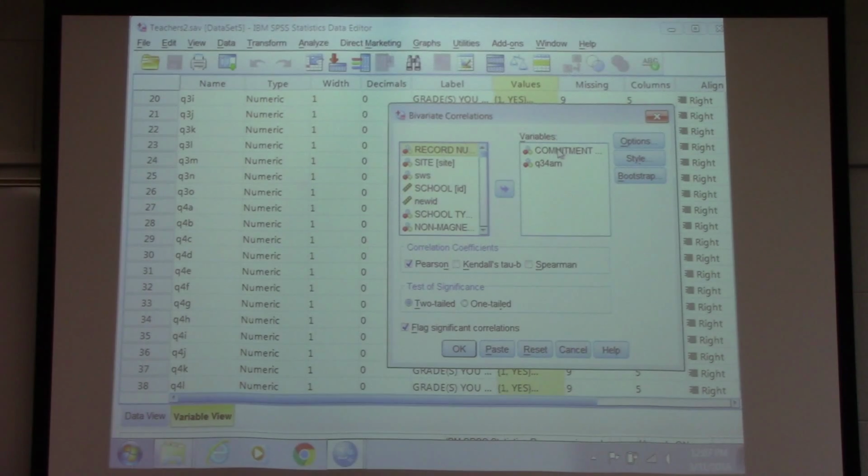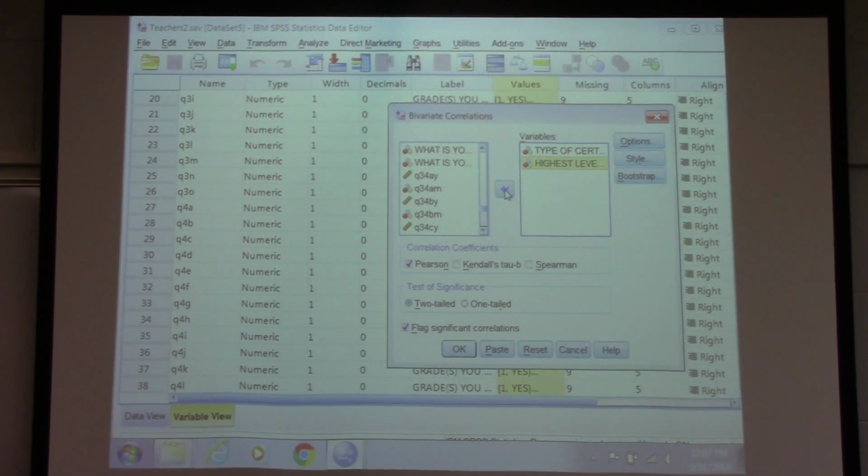I click bivariate, I'm going to move my other variables back, and I'm going to scroll up and find type of certification about 4/5 of the way down. It's Q35, and I'm going to go up just a little bit further, and I'm going to see highest level of education, Q33.